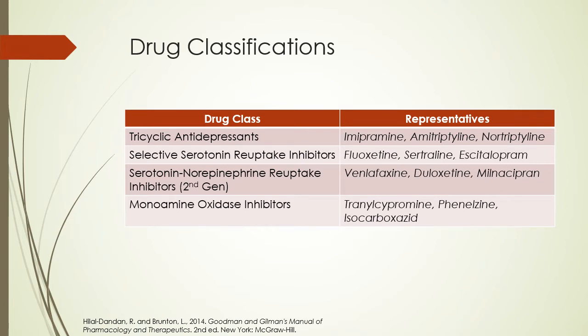So, again, these drugs increase the levels of both serotonin and norepinephrine by inhibiting their destruction in the synapse. But there is a very important drug-drug reaction here. You must never combine TCAs, SSRIs, SNRIs with a monoamine oxidase inhibitor because this will result in a syndrome that is called serotonin syndrome.